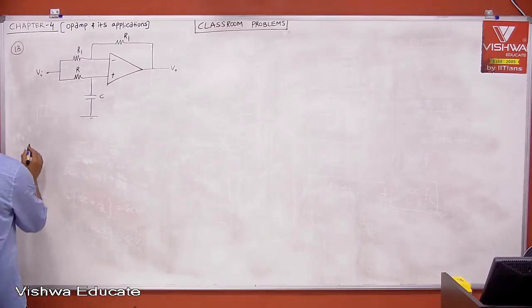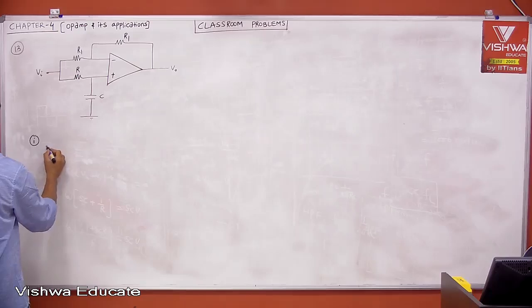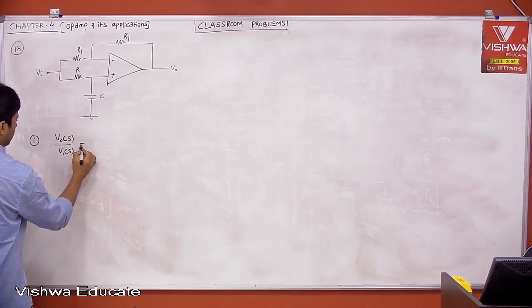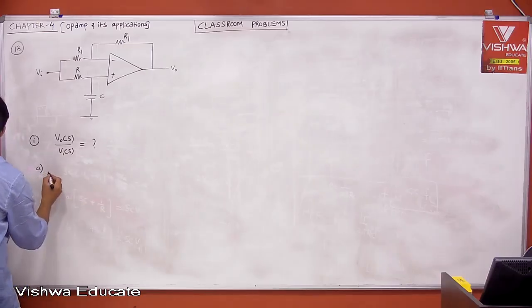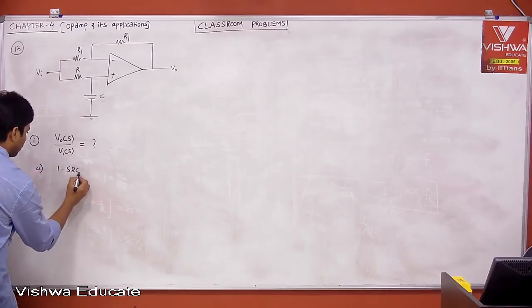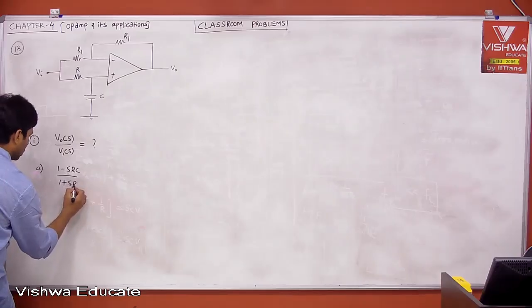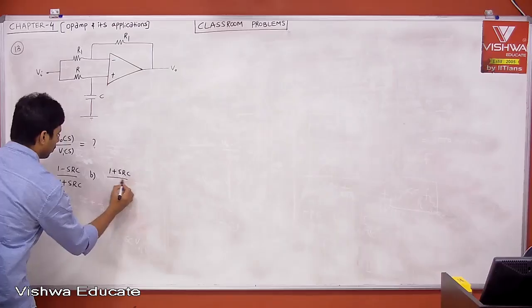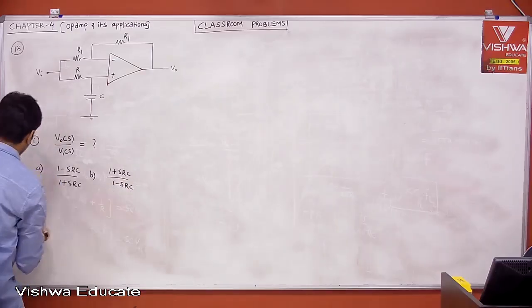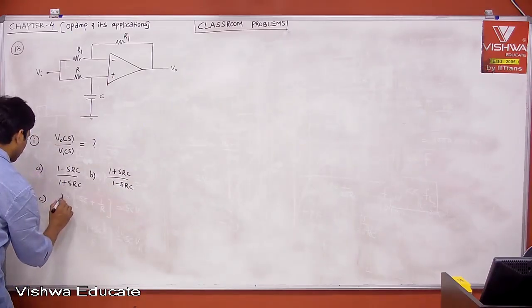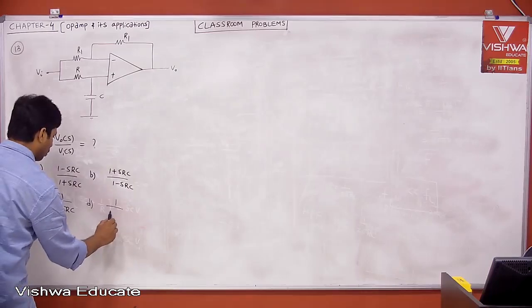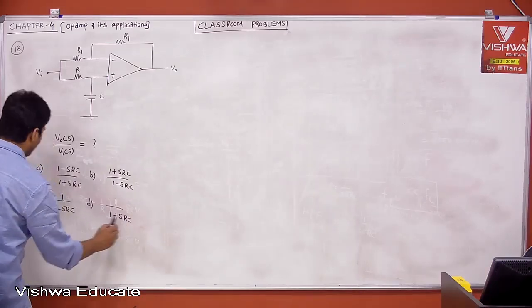Then it asks for the first bit: transfer function V0 of S divided by VA of S. Option A, 1 minus SRC divided by 1 plus SRC. Option B, 1 plus SRC divided by 1 minus SRC. Option C, 1 by 1 minus SRC. Why I am giving options, I'll tell you. Option D, 1 by 1 plus SRC. This is problem number 1.